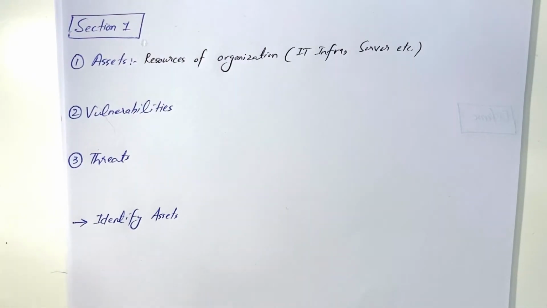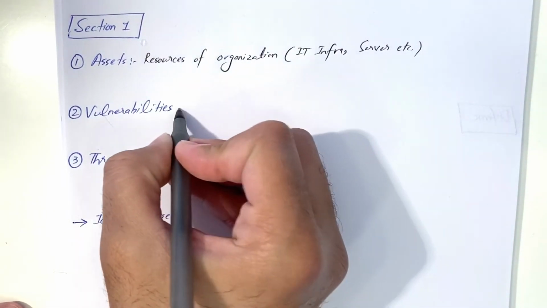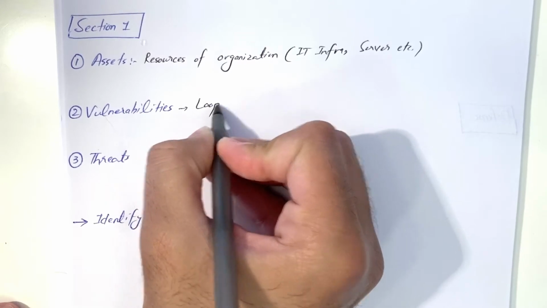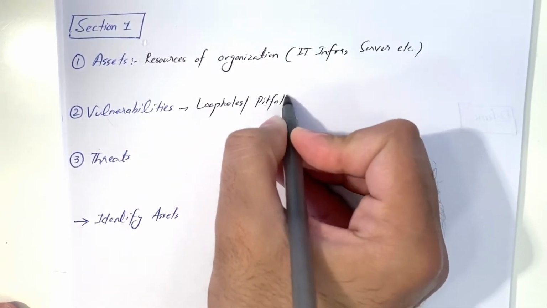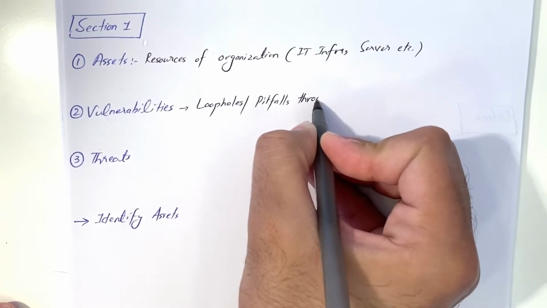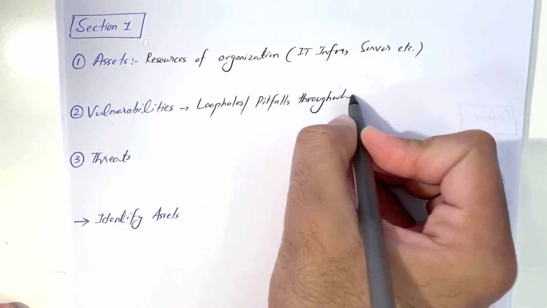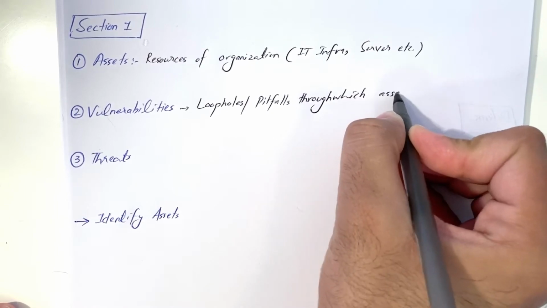The second term is vulnerabilities. If you guys remember, we already talked about vulnerabilities. Vulnerabilities are basically loopholes, or you can say pitfalls, through which assets can be compromised.